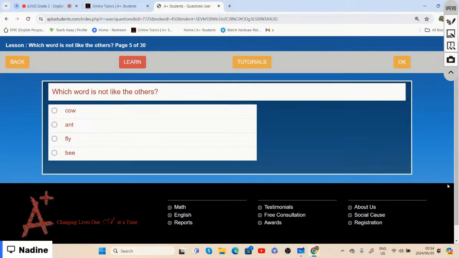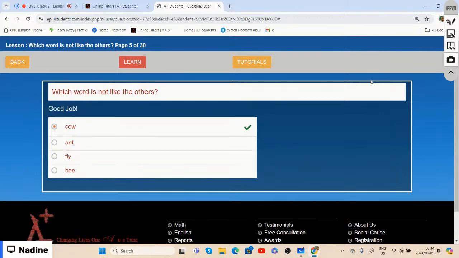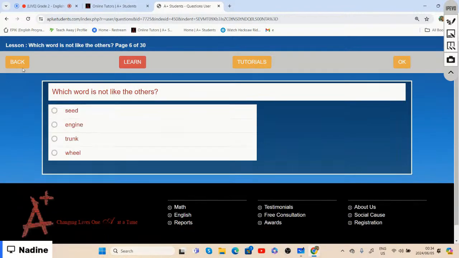All right, and if we choose the one that is not like the others, then yes, a cow is not like the others because ants, flies, and bees are insects, right? But not a cow. So well done.